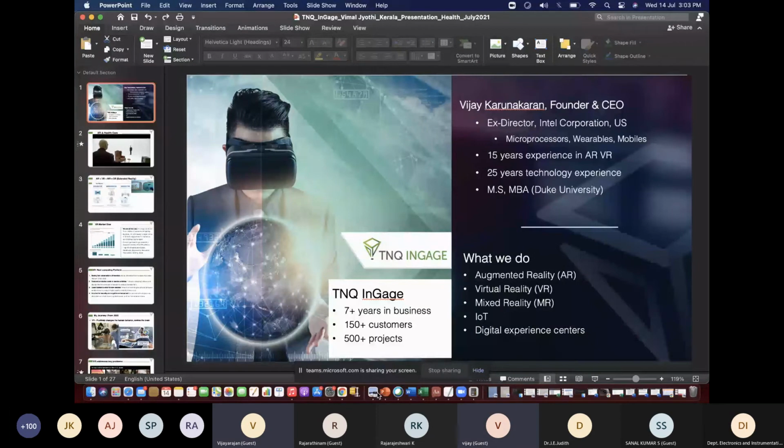As I said, the enterprise has completely adopted the technology. Every industry that I know is using VR for training, and they're using AR for real-time work. So there's been tremendous progress in enterprise. Consumer is coming behind.